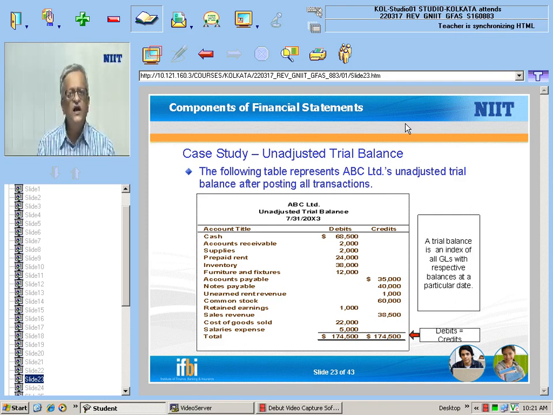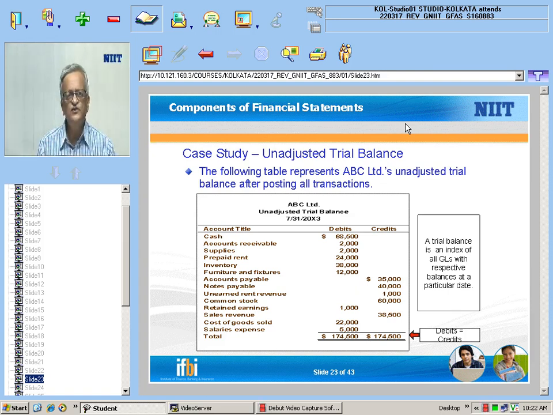All students are requested to see the various items in this unadjusted trial balance. Then I will show you the adjusted trial balance, and then you have to tell me which are the new items in the adjusted trial balance. Please see the unadjusted trial balance, item by item, line by line, and see all the items which are there.